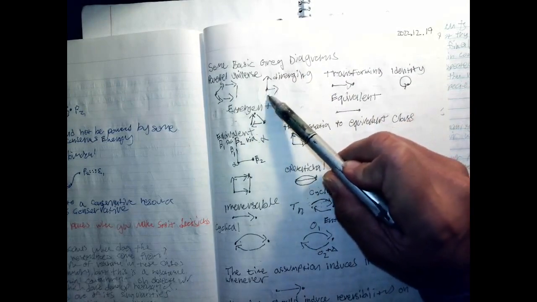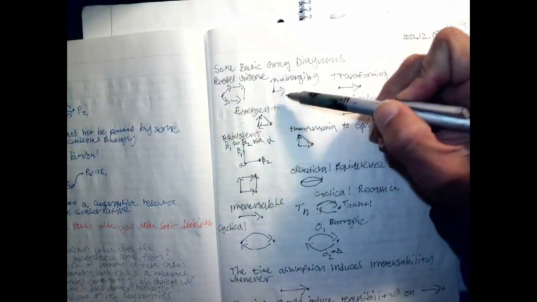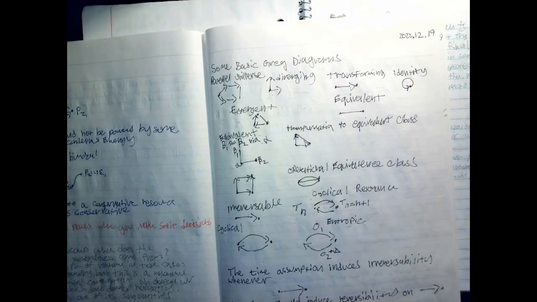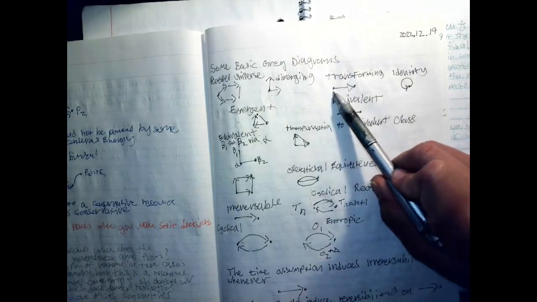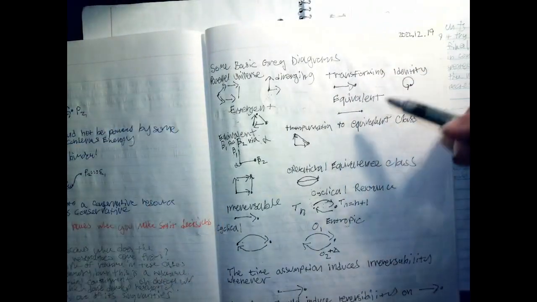Right here, for instance, we have an arrow going in one direction and an arrow going in another direction from a point. I'm calling that diverging. Over here, I have one arrow from a point to a point. I'm calling that transforming.